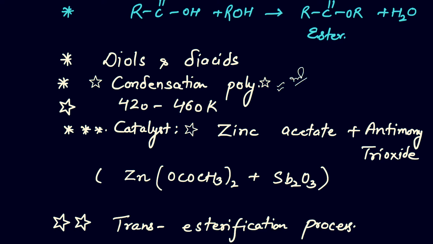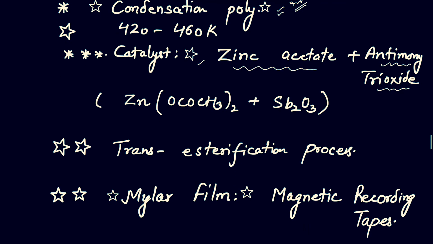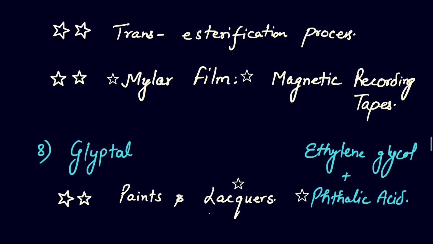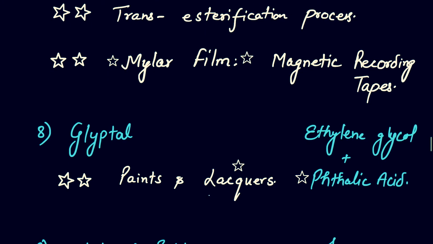The reaction occurs at a temperature of 420 to 460 Kelvin in the presence of catalyst, that is zinc acetate and antimony trioxide. This is also an important point to note, the catalyst used during its preparation. It is also an example of a transesterification process. The use of this polymer is in mylar film, that is used for magnetic recording tapes.